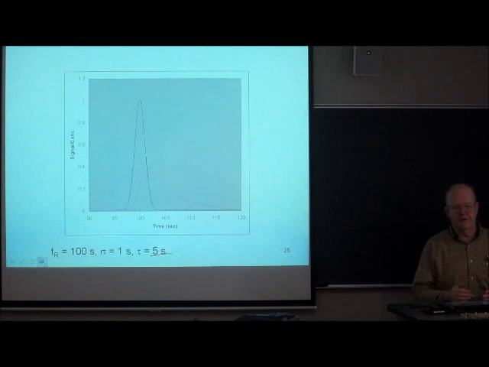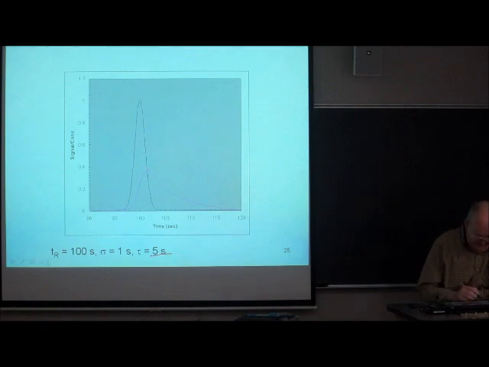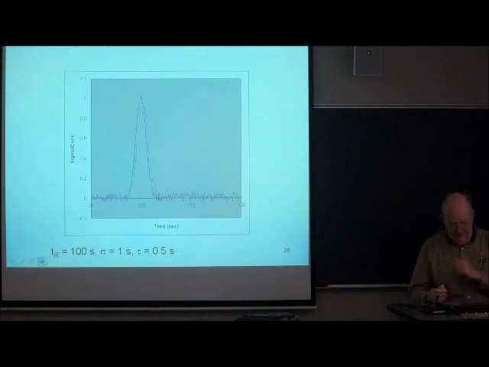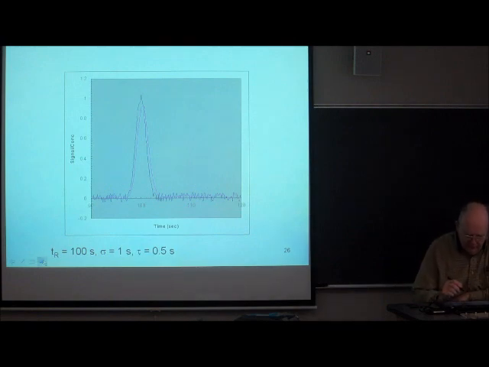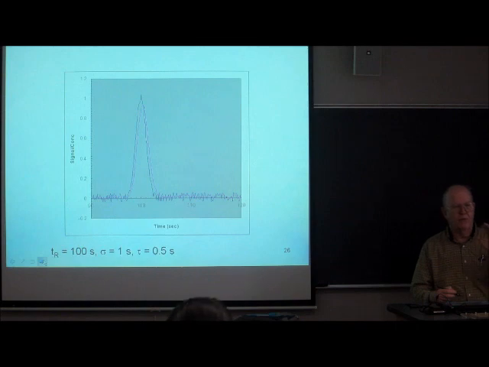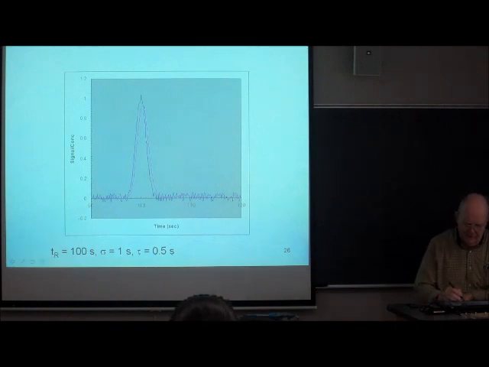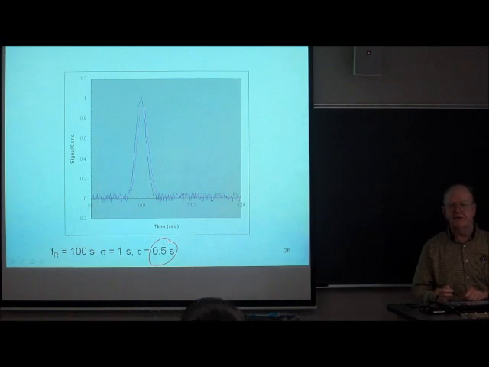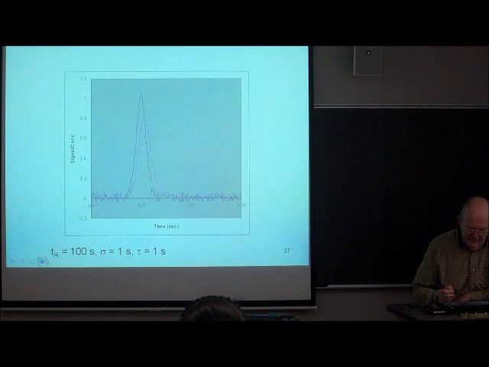But if you over-filter, you do more harm than good. So I've plotted my Gaussian, which is the blue, is the input with noise on it. And the output is pink, and that's the output with 1/2 a second time constant.